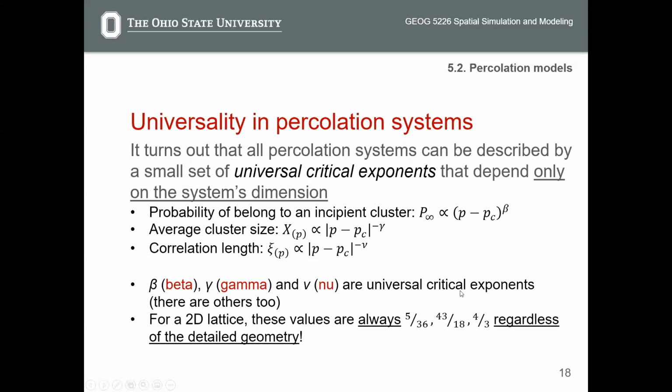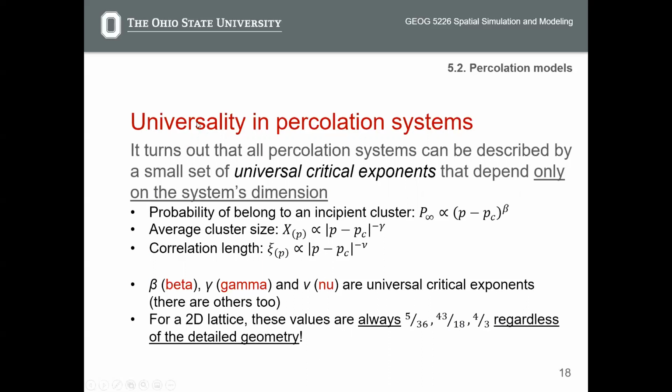They are universal critical exponents, and we have some results for them. Beta is usually equal to this value, that's a value for gamma, another one for nu. These values are settled, they are constants, regardless of the detailed geometry.